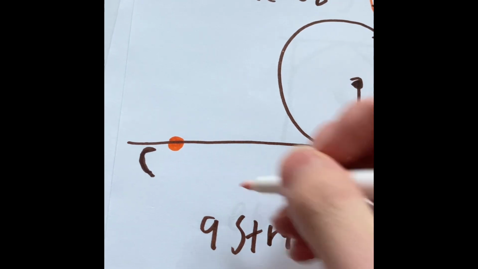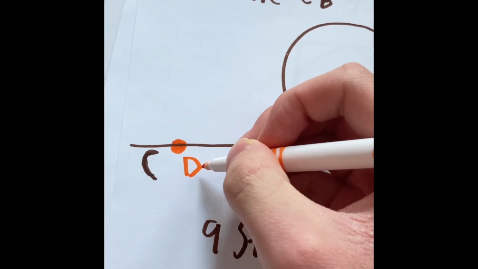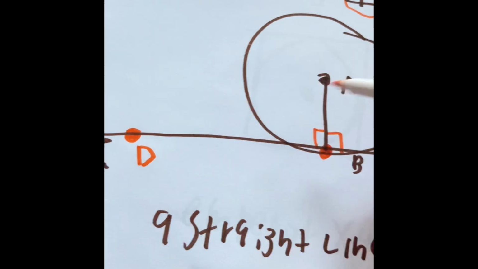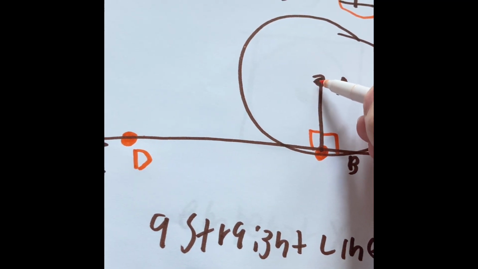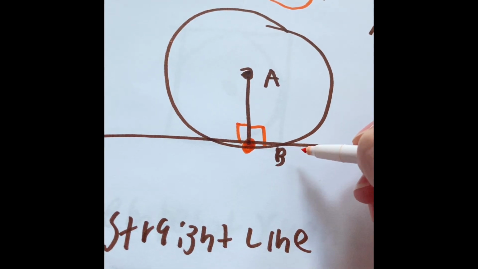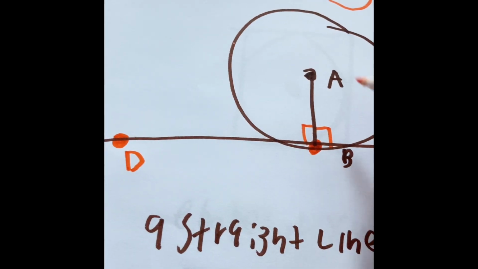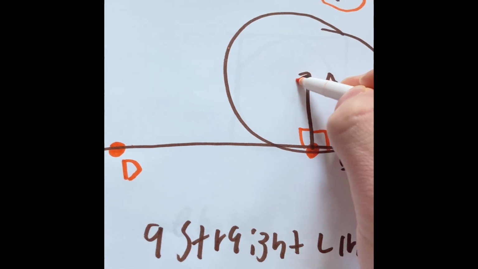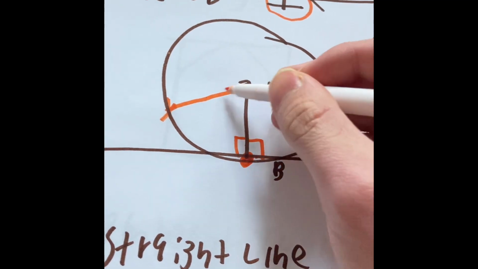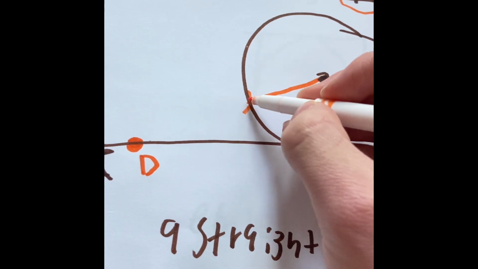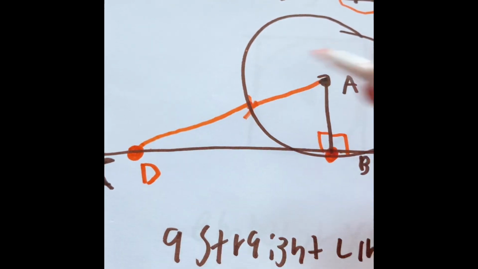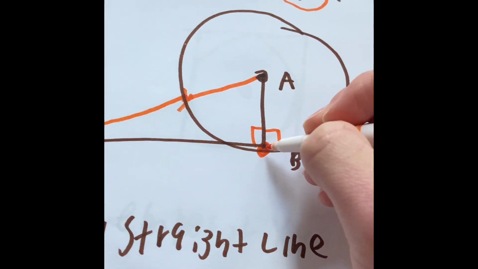And what we're going to be doing is calling it point D, because here's C, there's D, we already used A and B. So what we're going to be doing is asking how far is the distance from A to D and how far is the distance from A to B. Well, we know what the distance from A to B is, but the distance from A to the middle of the circle all the way to right here is the exact same distance as from point A to B. They're congruent, but since you traveled that much distance, you have to travel much more distance to get to D. So therefore, from A to B, it's the closest.